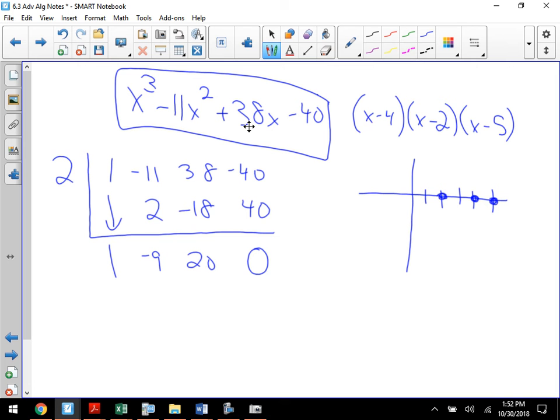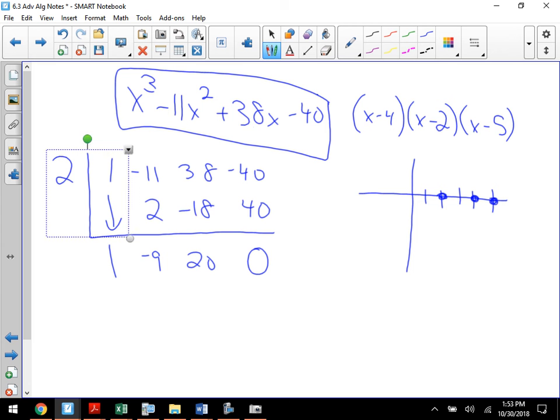As I divided by my 0 in this case, I'm just using 2, because we knew that 2 was one of the zeros from the original part of the problem. Remember they gave us these 3 terms multiplied that generated that polynomial. I know that 2 is a 0, 4 is a 0, 5 is a 0, so I'm just going off of that. Okay. Now, when you divide stuff out, you're basically figuring out parts of it.